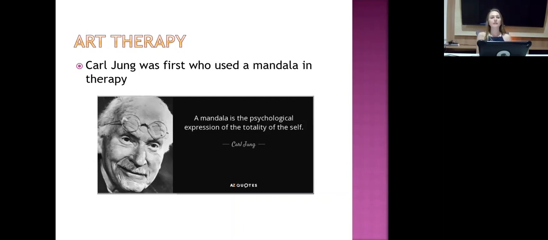He used it in his psychotherapy, and he said that the mandala is a psychological expression of the totality of the self. He asked his client to draw mandalas, and he could read the psychology and all psychological problems.